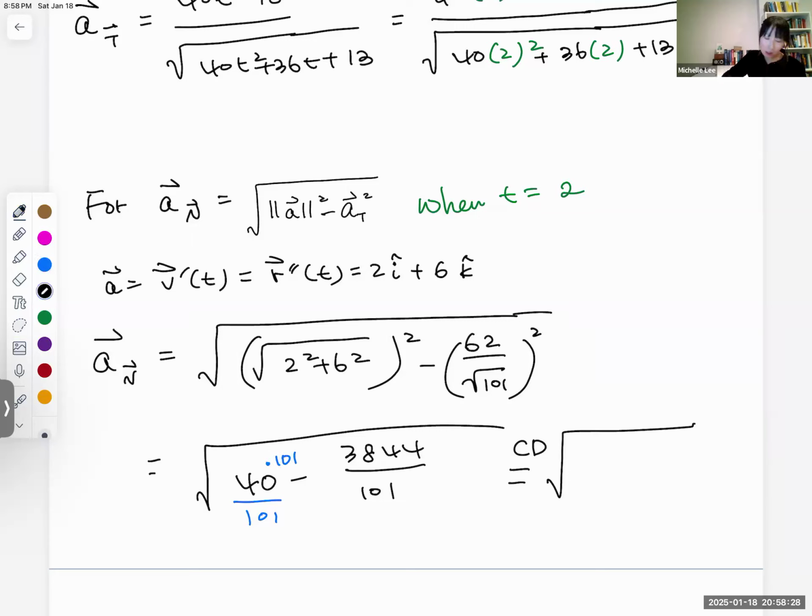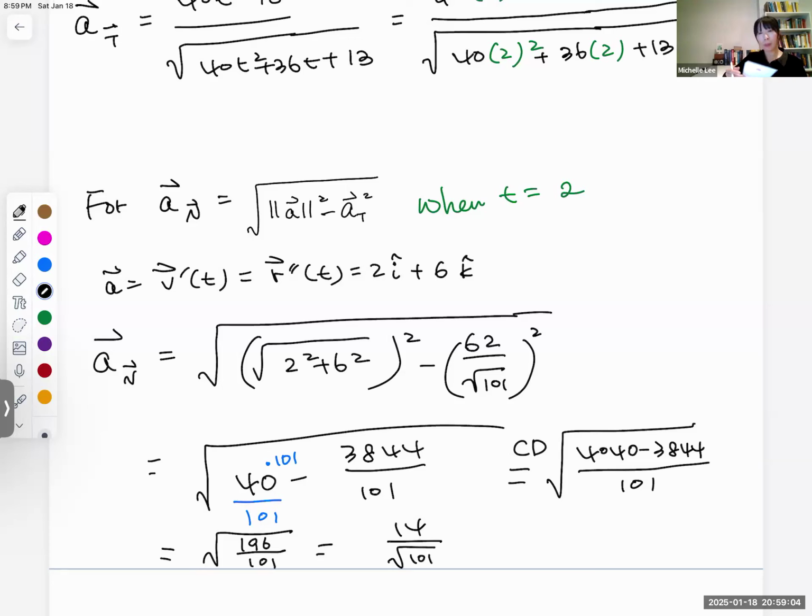That will be 4040, oh, nice number. 4040 minus 3844 over 101. That will be the square root of 196 over 101. The square root of 196 is 14, so we get 14 over the square root of 101.